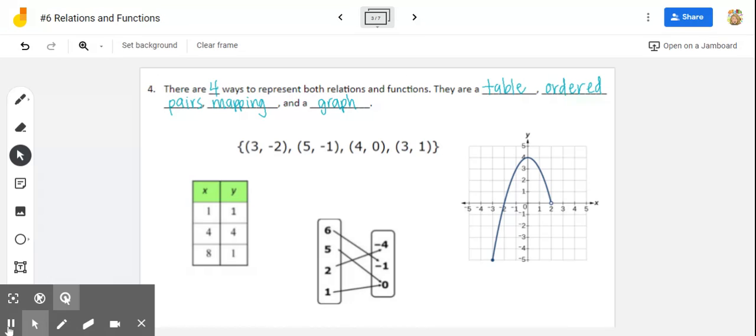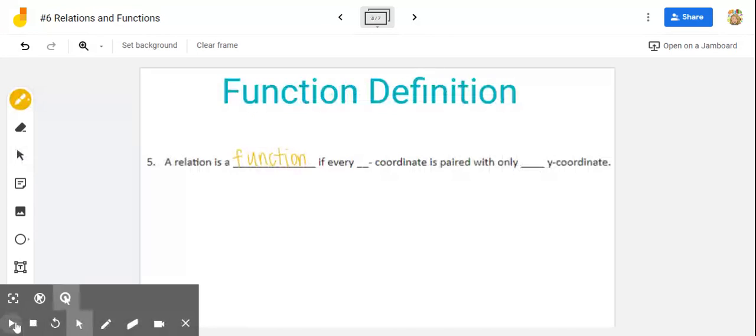There are 4 ways that we can represent both relations and functions. We can write them in a table, as ordered pairs or points, as a mapping, or we can graph them. So there are your 4 representations. The key thing here, guys, and the meat and potatoes of our lesson, is to tell whether you are a function or not.